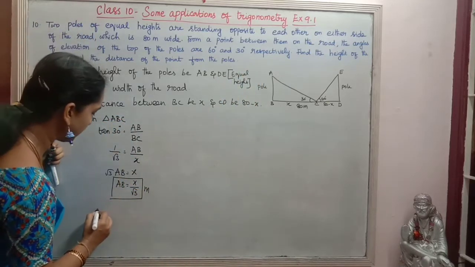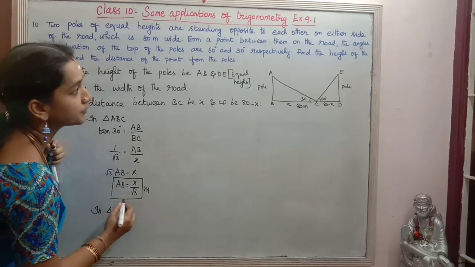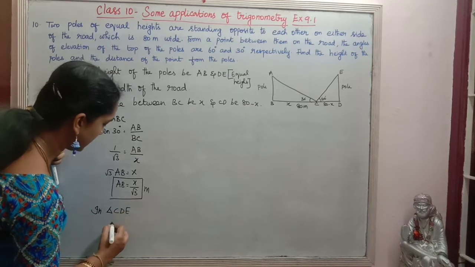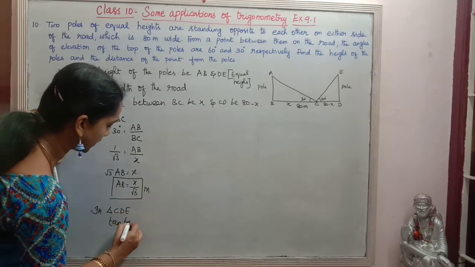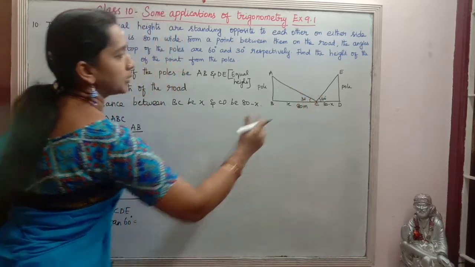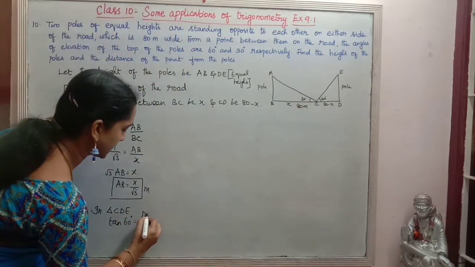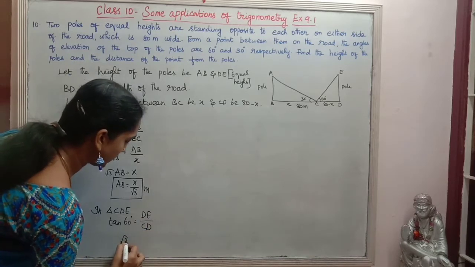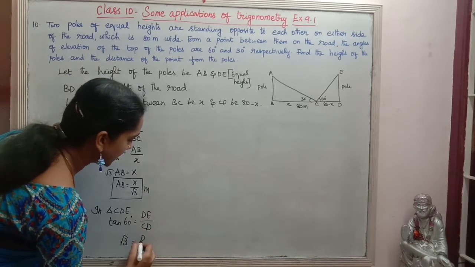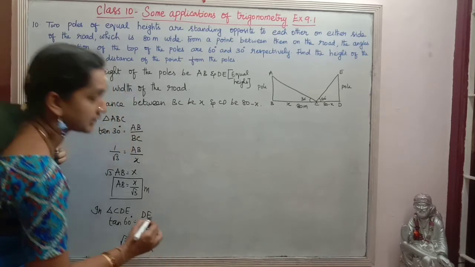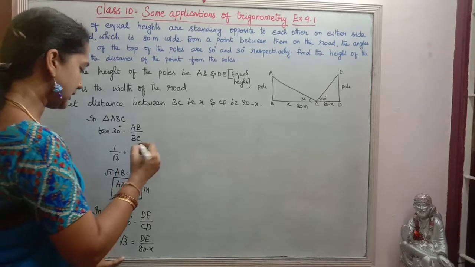Now in the same way we will take triangle CDE. In triangle CDE, tan 60 is equal to DE by 80 minus X, that is DE by CD. So tan 60, we know that it is root 3, is equal to DE, the height of the pole, by CD, which is 80 minus X. Okay, now we will simplify this.